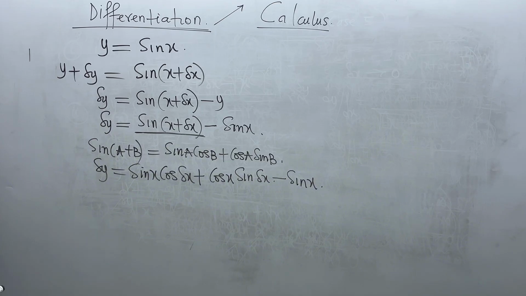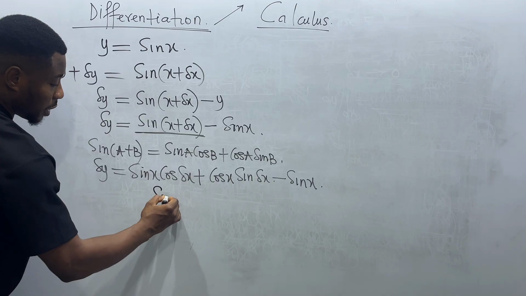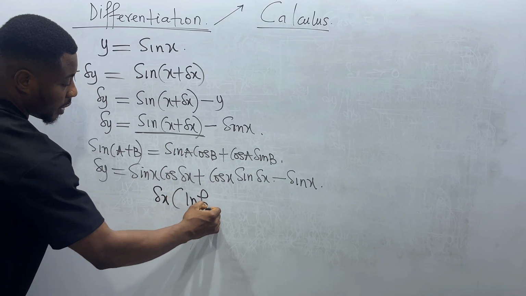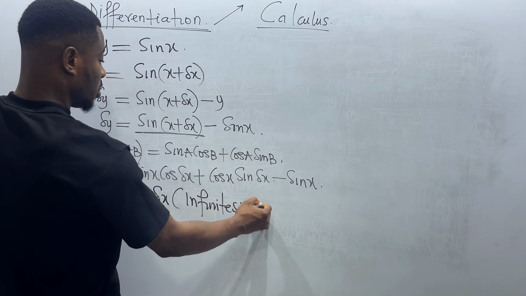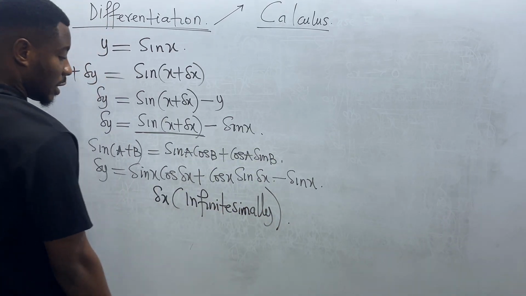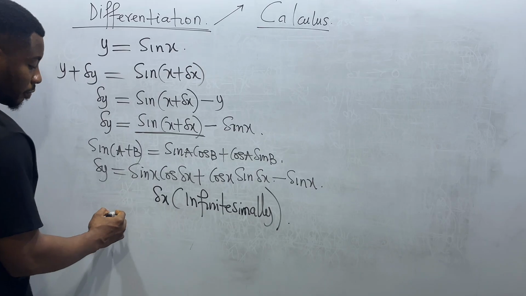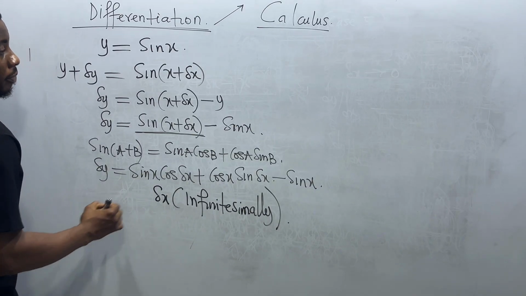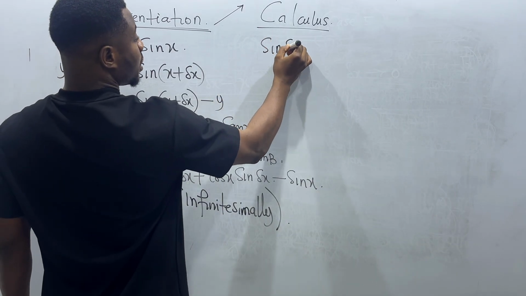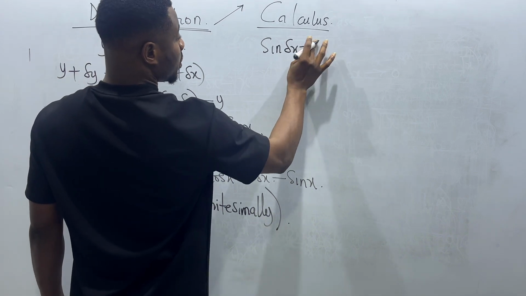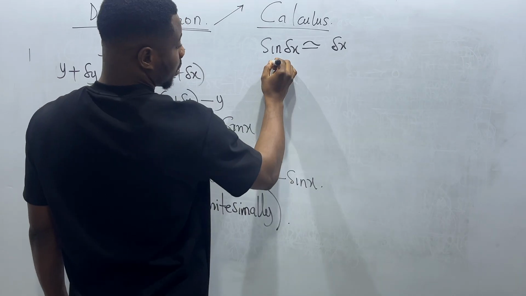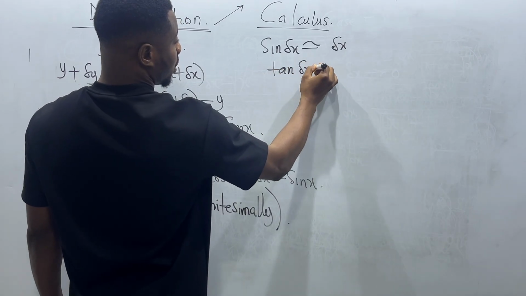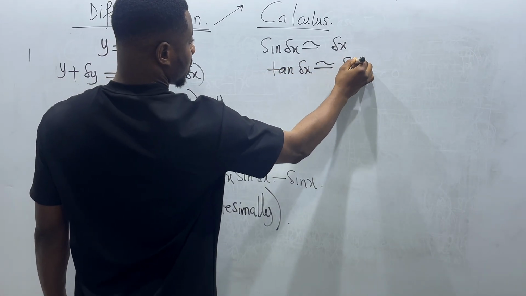Now, there comes a time where change in x becomes very small. If change in x is infinitesimally small, then don't forget that sine of change in x will give us change in x, and tan of change in x gives us change in x.